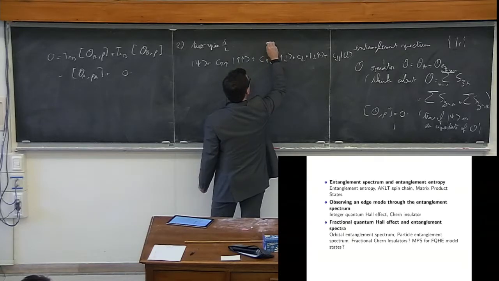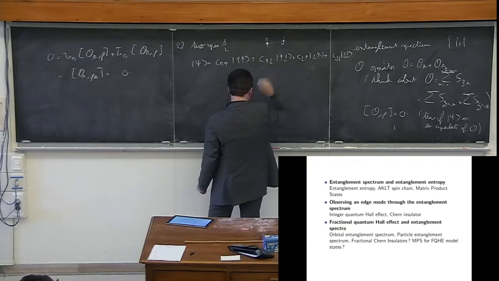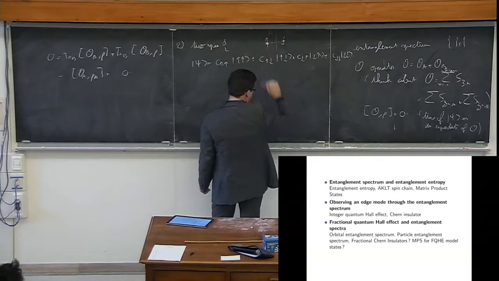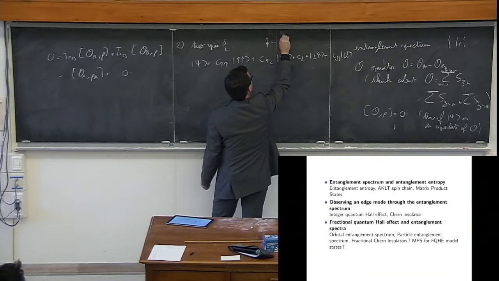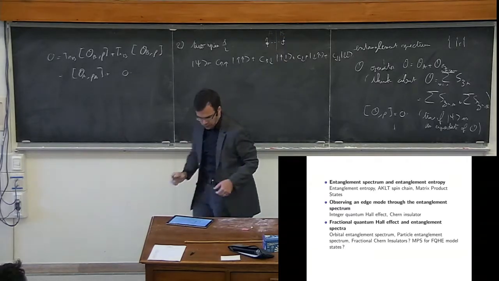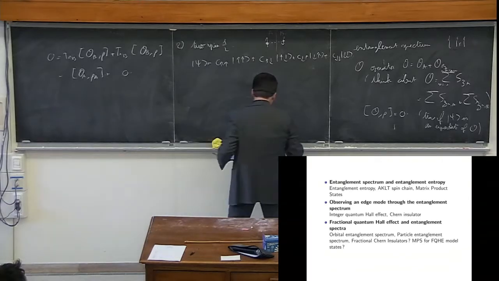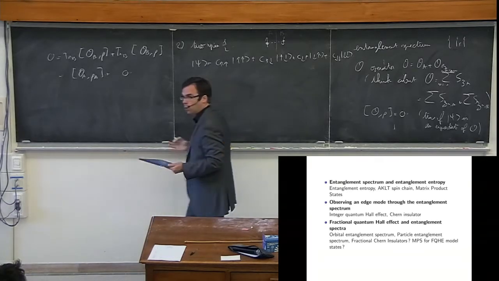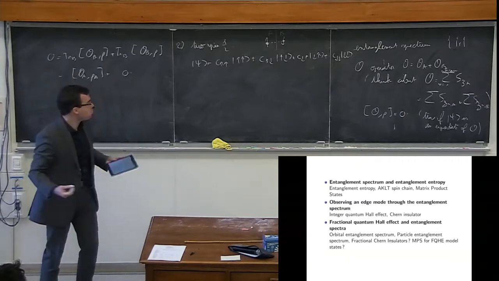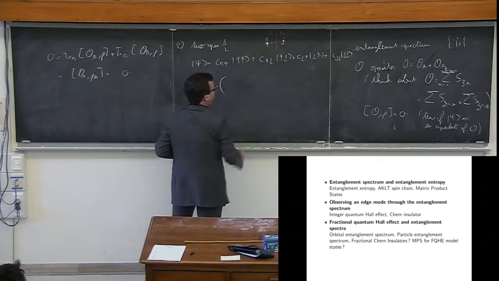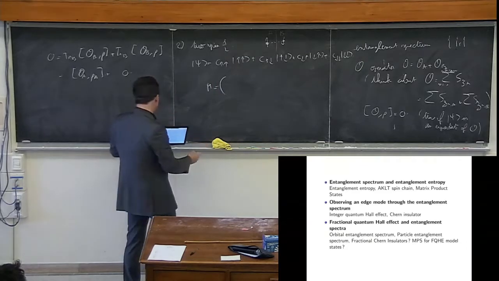So if I want to draw a nice picture of my problem, this is what I have. I have my system with 2 spin 1/2. And what I will do is cut the system into 2. This will be the part A, and this will be the part B. For this generic state, I can write the entanglement matrix. It's just sorting all the coefficients and putting them into a matrix.